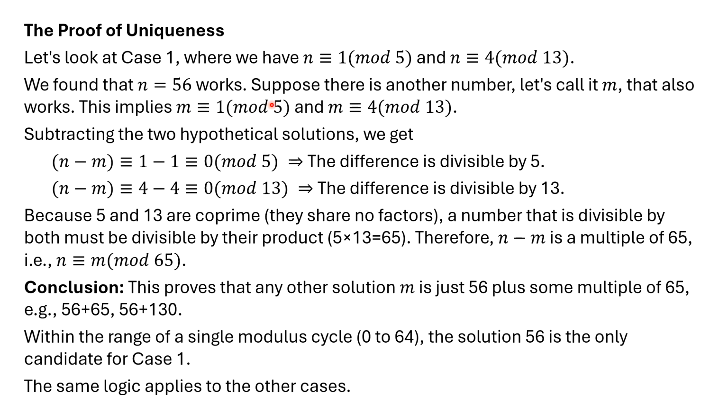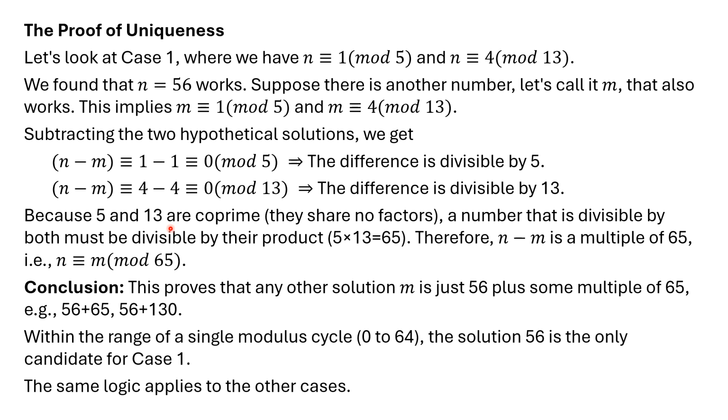If we subtract the 2 solutions, then we have n minus m is congruent to 0 mod 5. So n minus m is divisible by 5. And we have n minus m is congruent to 0 mod 13. So that implies 13 divides n minus m.